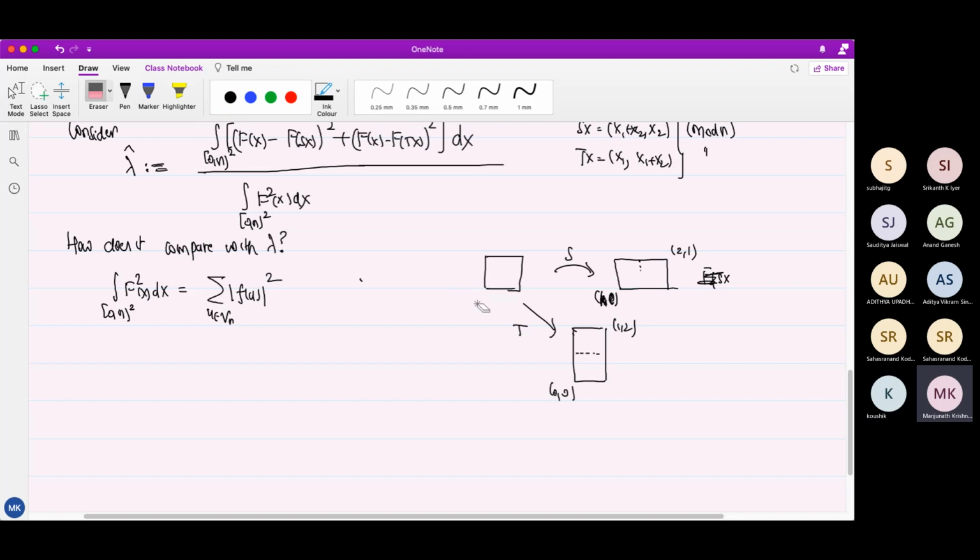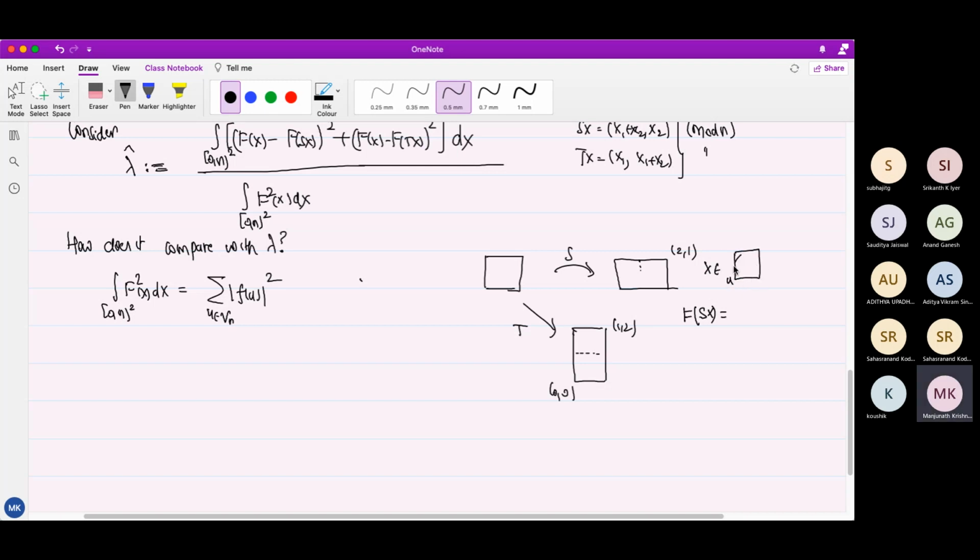When I write it, all those will get permuted, but what I want to say is that f of sx will be, so let's say x belongs to the square, which is like this, where this is u.